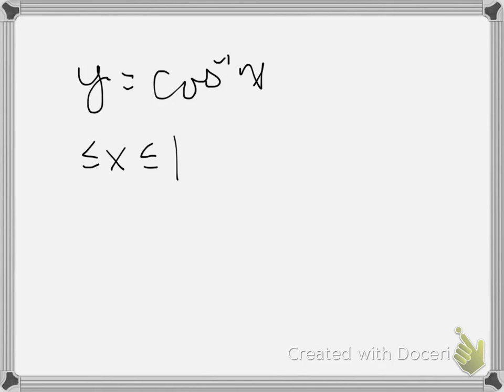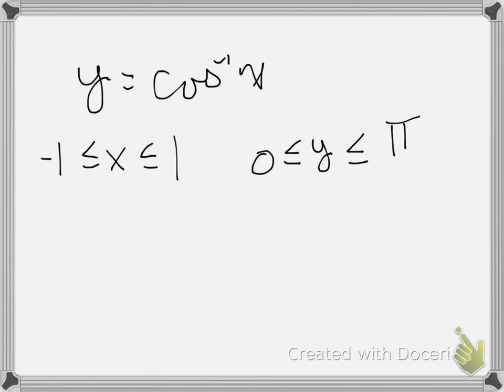Now, if we look at the inverse cosine, y equals the inverse cosine. Again, x has got to be between 1 and negative 1, but this time y has to be greater than or equal to 0 and less than or equal to pi.